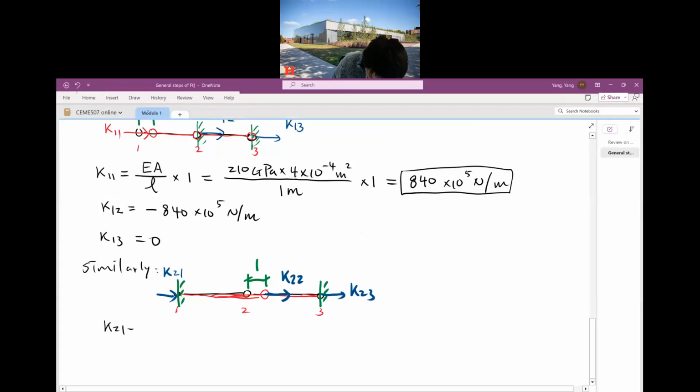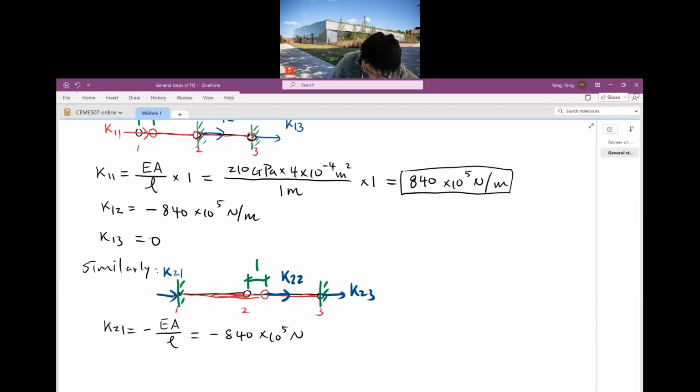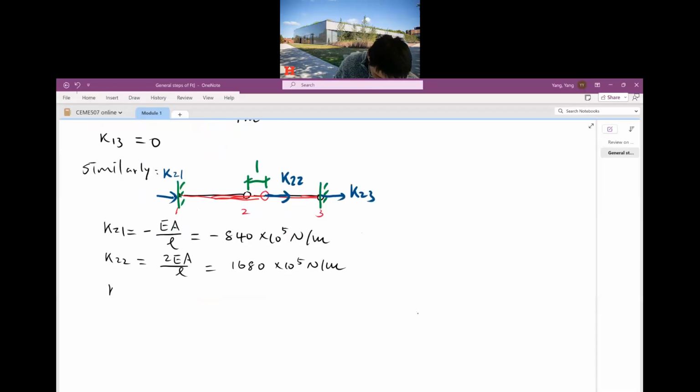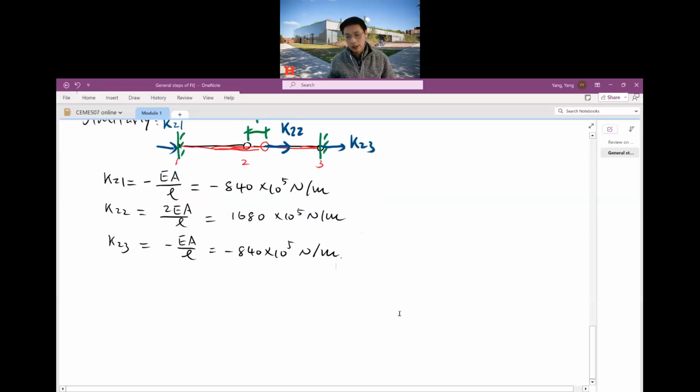So in this case, the K21 should be equal to minus EA over L. And K22 is equal to 2 times EA over L. And the K23 is equal to minus EA over L. Very straightforward, based on the definition of the stiffness coefficient in a structure system up here.